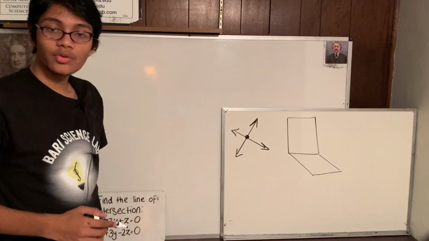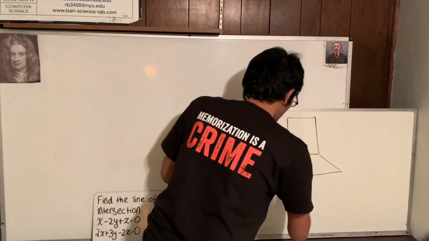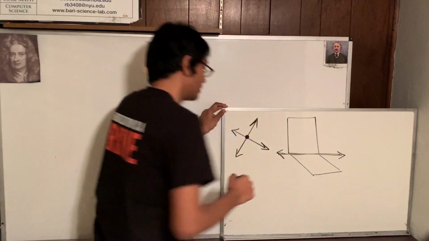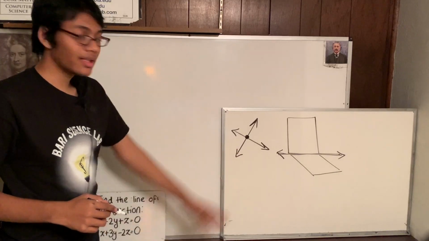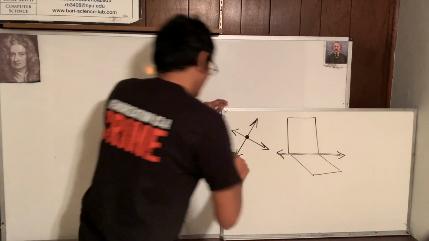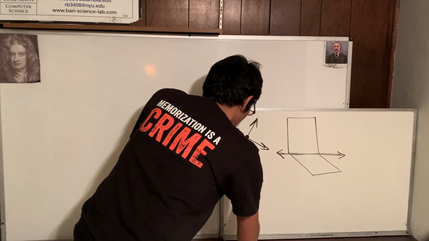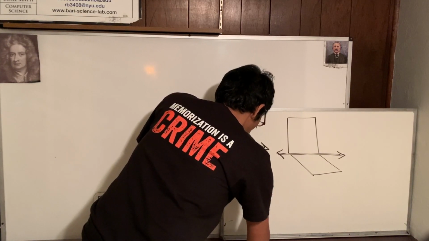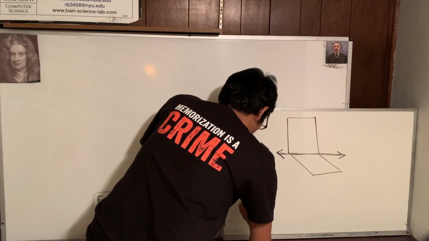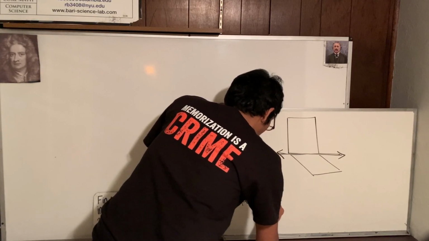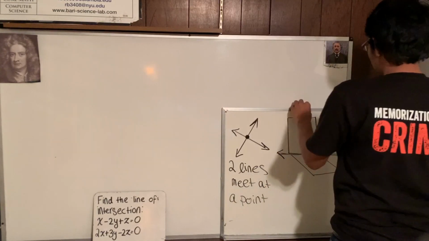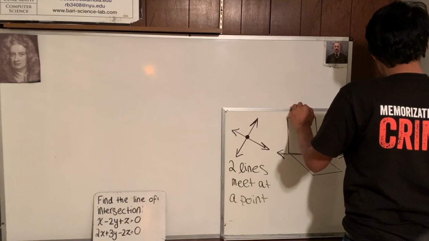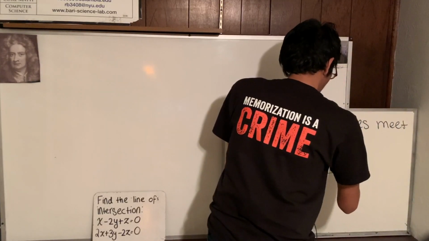And so these two walls are just like planes. And where do the two planes meet? Well, you can clearly see it. They meet at a line. So two lines meet at a point, two planes meet at a line. Let me go ahead and write that down. Two lines meet at a point, and two planes meet at a line.